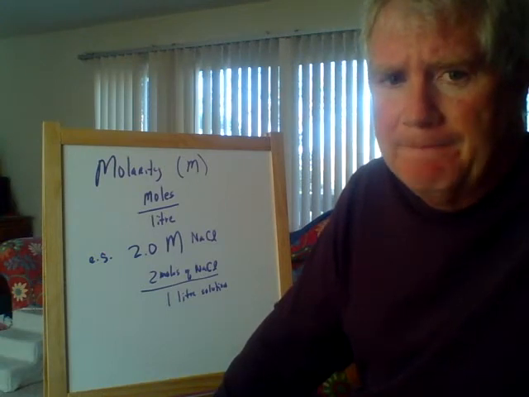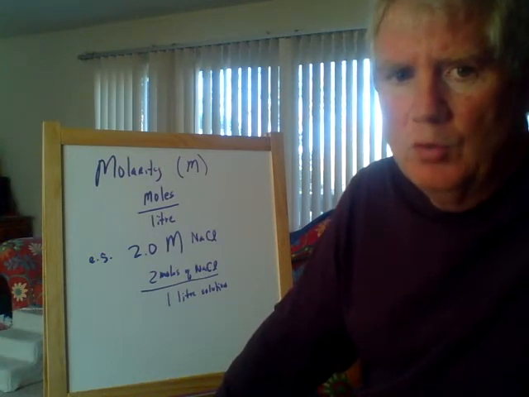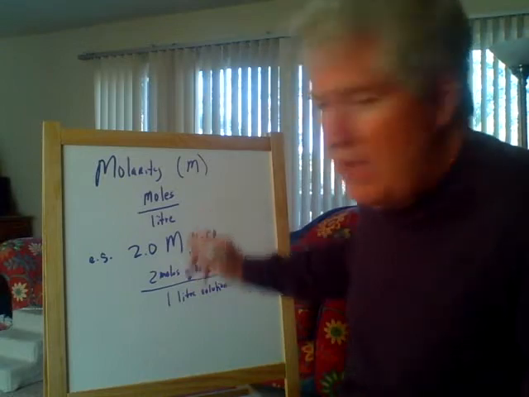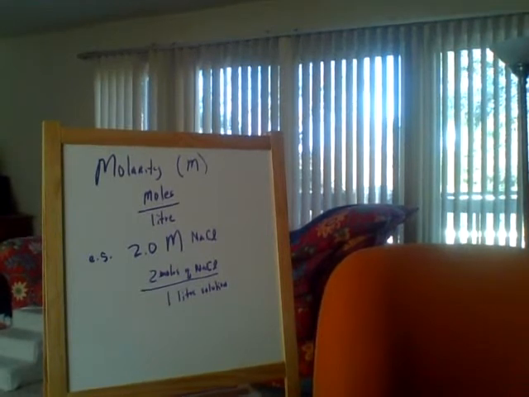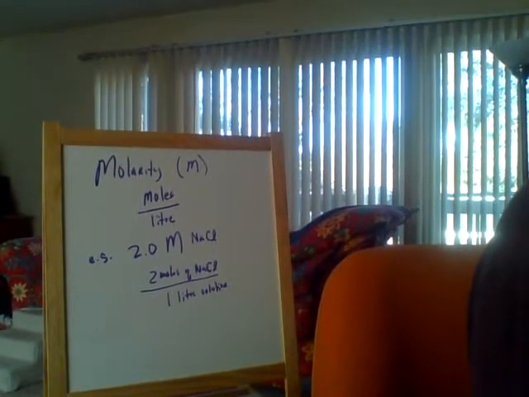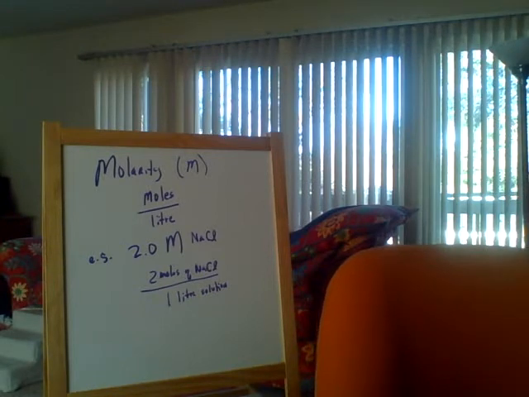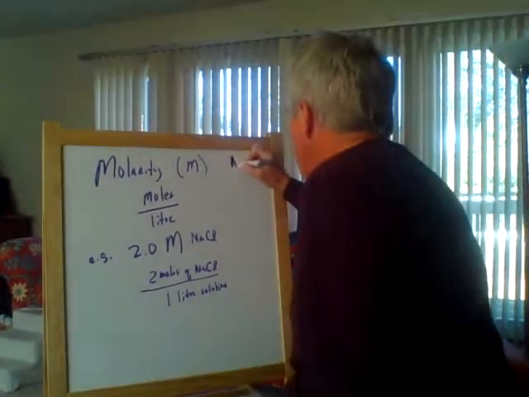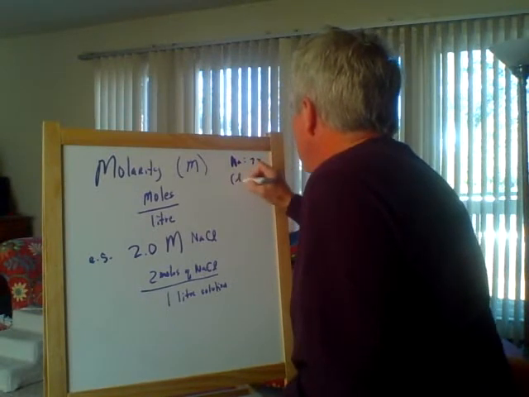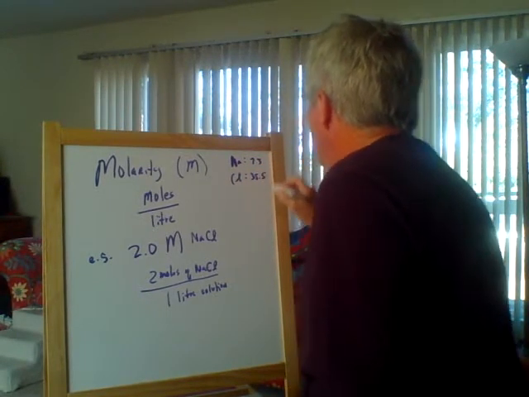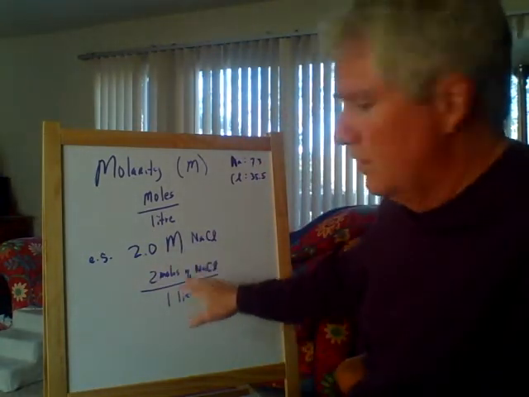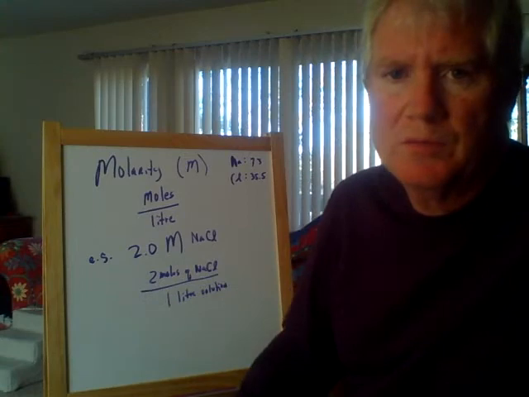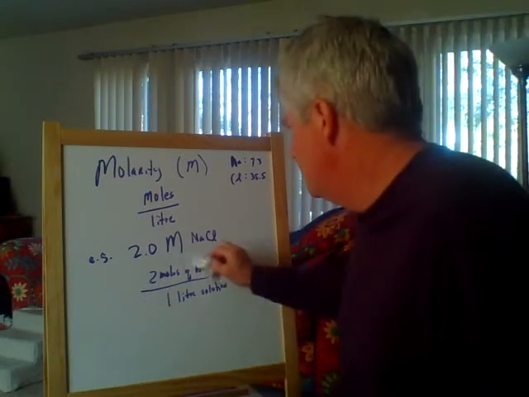Sodium chloride we can convert to a different term. Sodium is 23 and chlorine is 35.5. So another unit of measurement for concentration, instead of molarity, would be mass concentration.